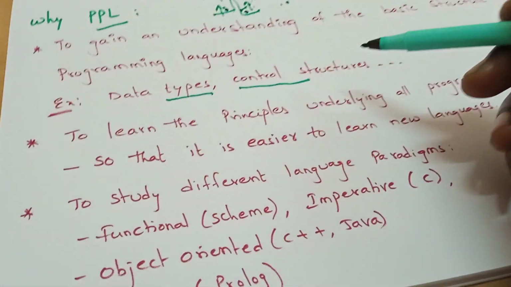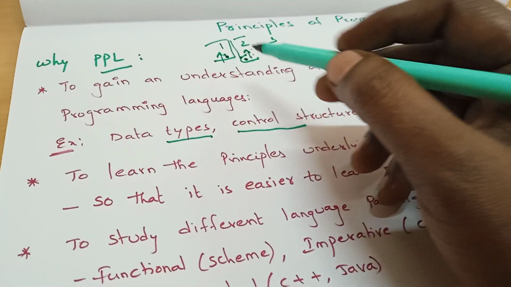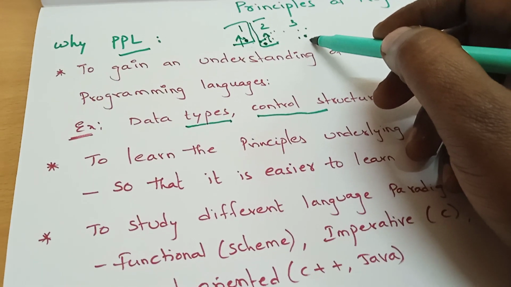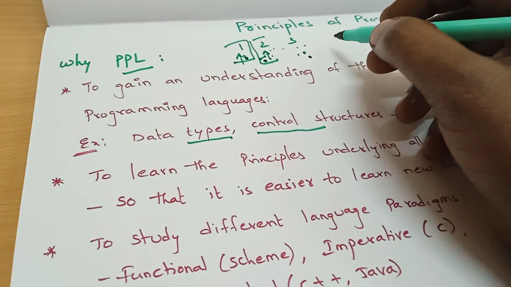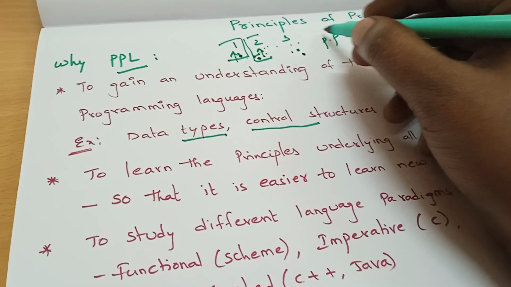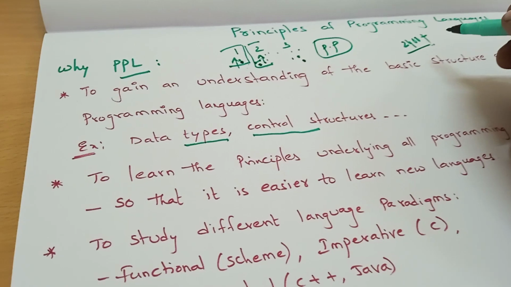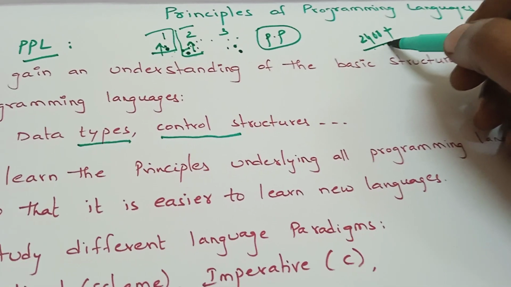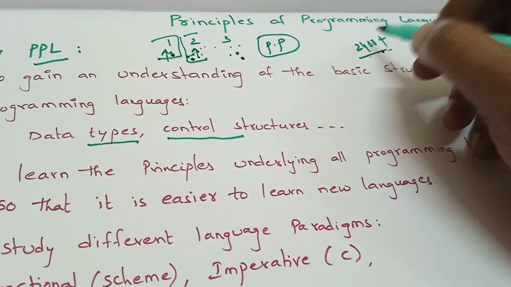So learning the principles of different languages will help us learn a new language. And when you are learning the principles of different programming languages, we'll come to know what different types of programming paradigms exist. Now look at this figure, 2400 plus programming languages.